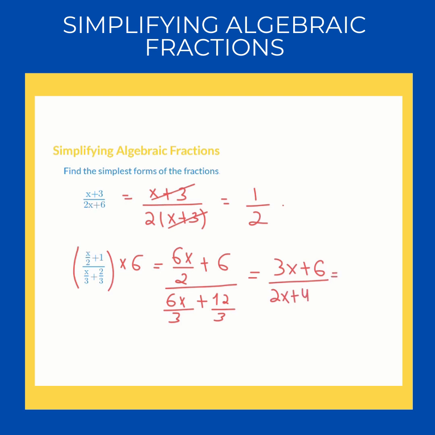So I'm going to take 3 as a common factor in the numerator, so I'm left with x plus 2, and I'm going to take 2 as a common factor in the denominator, and I'm left with x plus 2. So x plus 2 in the numerator cancels out with x plus 2 in the denominator, so the simplified answer is 3 over 2.